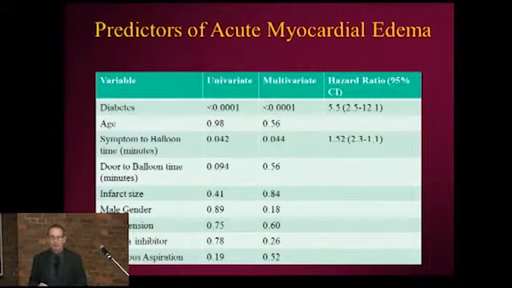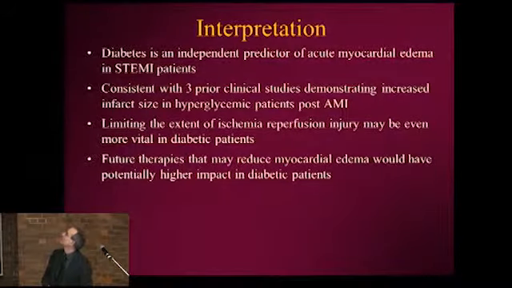So again, more evidence suggesting that diabetes and that acute edema may be associated with why diabetics aren't doing so well. So diabetes is certainly an independent predictor of acute myocardial edema in these patients. This is consistent with many studies recently suggesting that diabetes has greater infarct size associated with those with hyperglycemia after AMI.